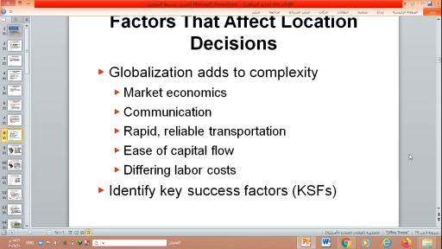Okay, factors that affect location decisions. Selecting a facility location is becoming much more complex with globalization.